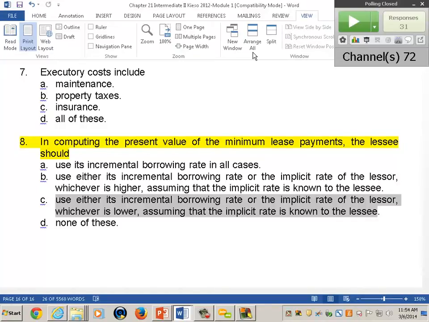Right, so if you use the higher rate, it understates the lease liability. So we want to use the lower rate to avoid this, and this all comes from the fact that you expect the lessee to prefer an operating lease. So you're trying to stop them from manipulating the lease liability.